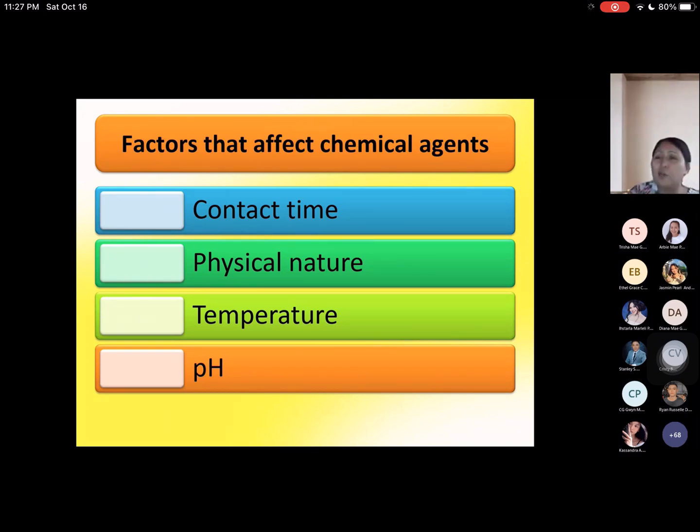Even those crevices or rough surfaces, you need to disinfect everything. So that's one of the physical factors that affect chemical agents, the physical nature. The temperature is also one, and of course the pH. These are the factors that affect chemical agents.